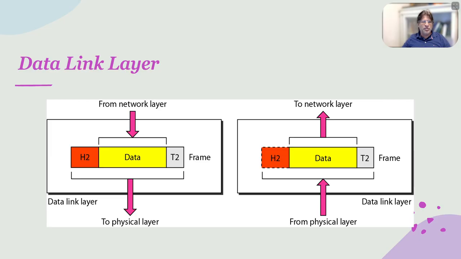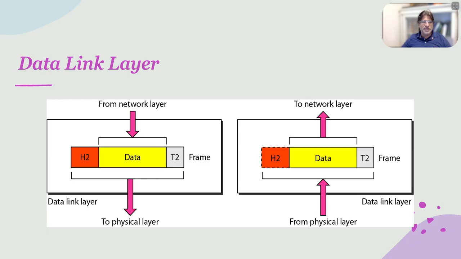Now it adds its own header information, where the H represents the header, and then the trailer information, where the T is for the trailer. It adds these to the network packet that it received from the network layer, and this information is now referred to as a frame. So a frame happens when information from the network layer is received and then encapsulated in the header and trailer information of the data link layer. Then this frame is passed on to the physical layer.